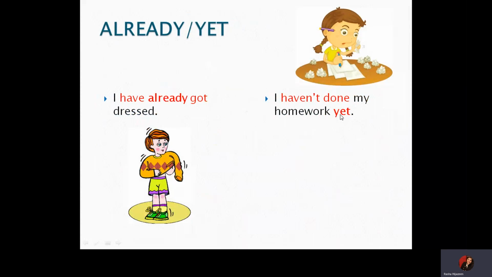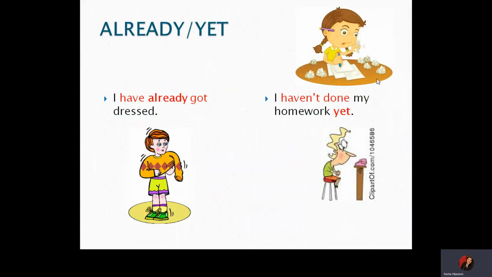Haven't done yet, which means her homework is not ready, or she didn't finish or complete her homework.